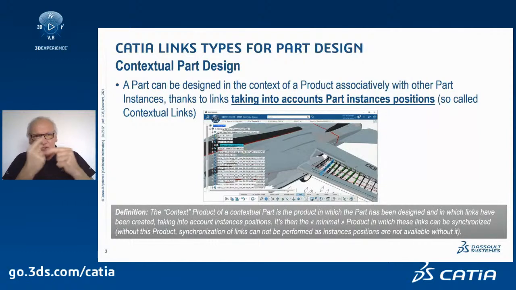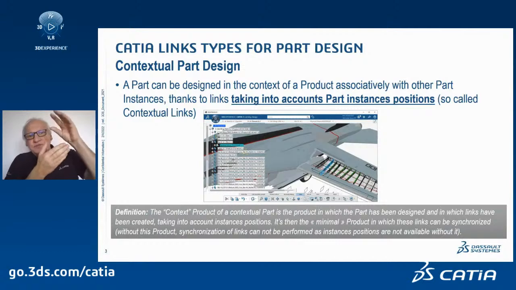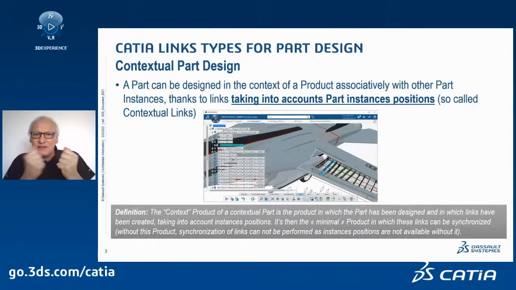And as you are inside the product, the information of what link is between what part and what is the position of those instances is put in a product. And this is a root product. So in this case, we will take into account the part instance position. Okay, so rep link, contextual link. By using those two, you can do a lot of good stuff. Very important.